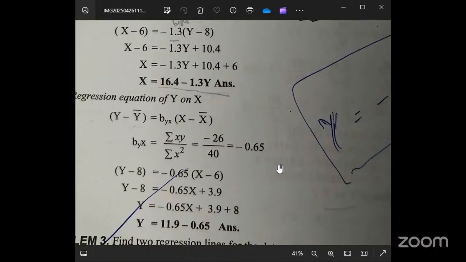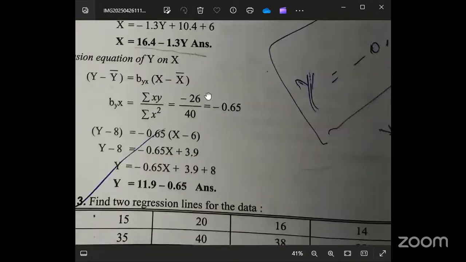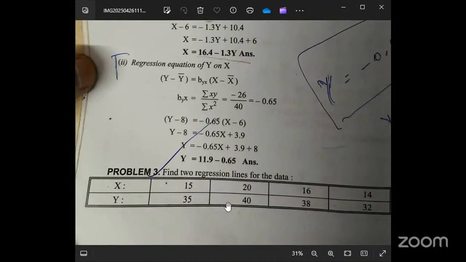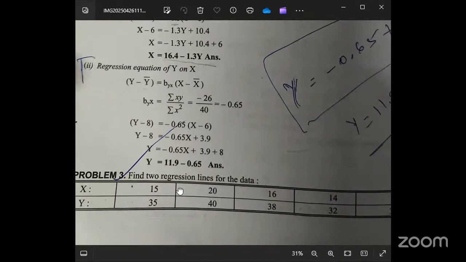Look at this problem. We'll see some other problems. If you see the next problem, this is the third one: find the regression lines for the data, where x and y are given to you.